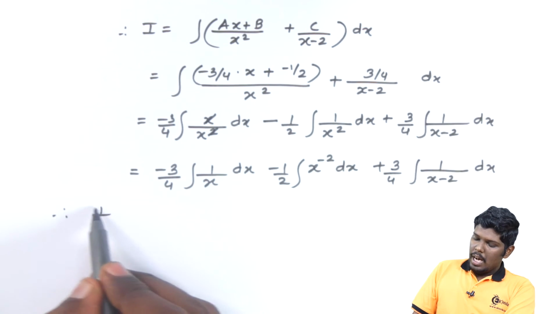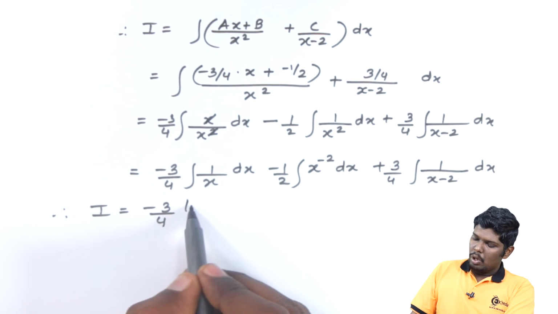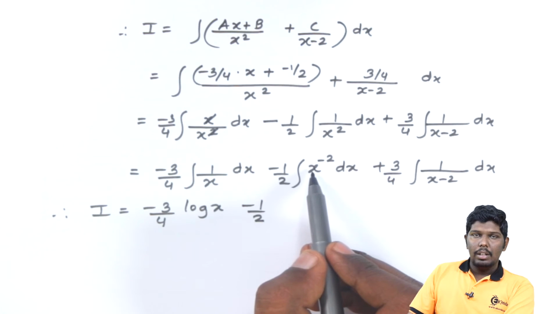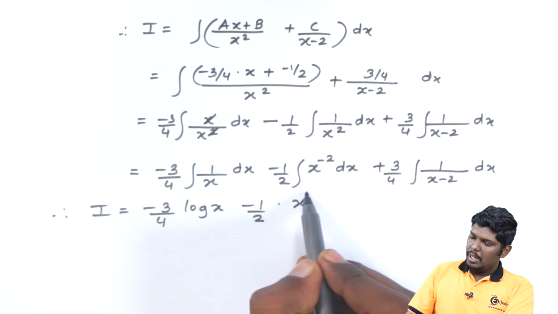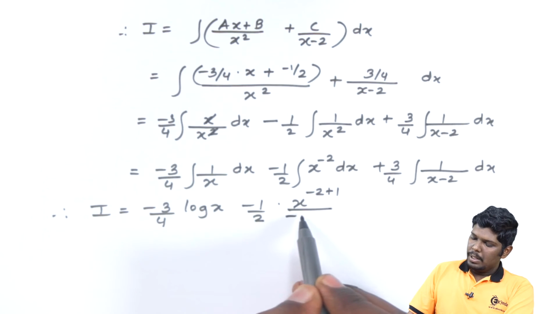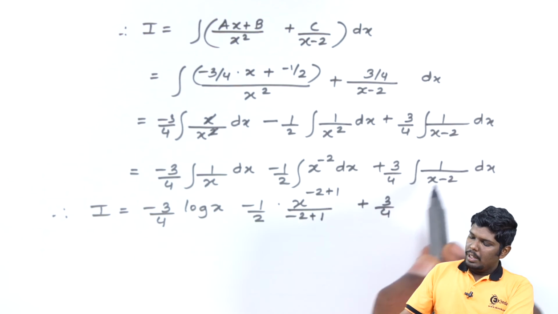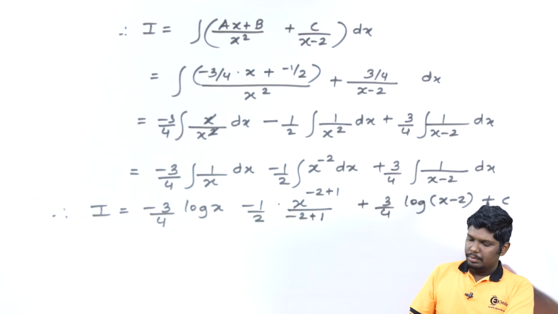Therefore I will be minus 3 by 4 integral 1 by x is log x minus 1 by 2. Here we will use x raised to n as x raised to n plus 1 upon n plus 1, plus 3 by 4. Here we have log of x minus 2 plus c.